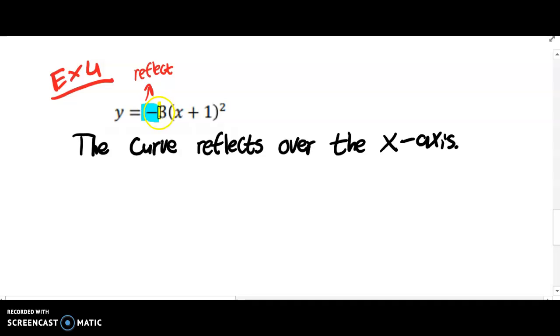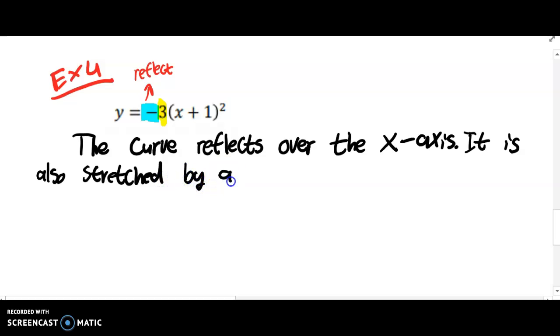All right, then we got this 3. The 3, then we can say it is also stretched by a factor of 3. And then lastly, I have this x plus 1.